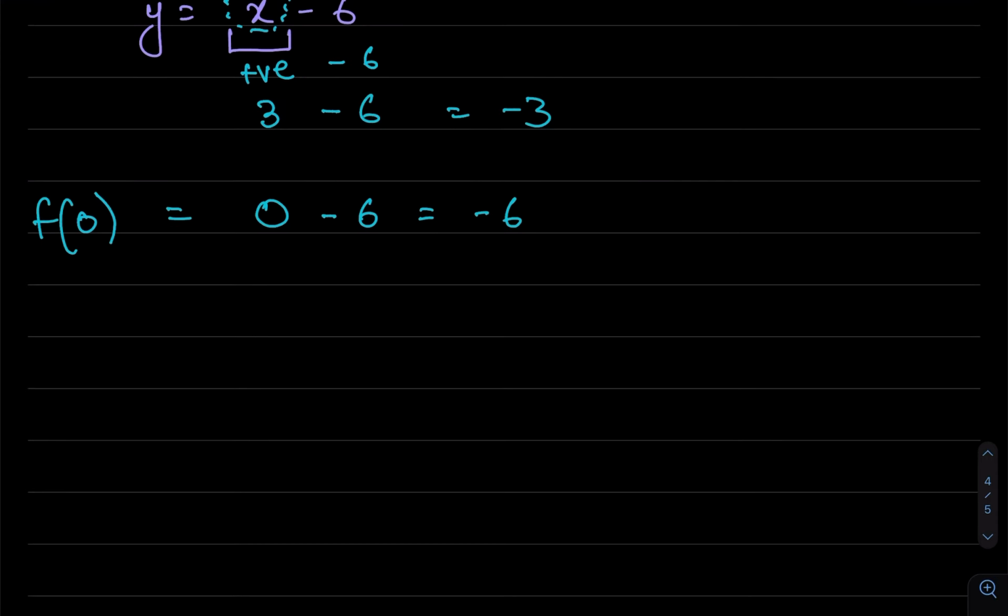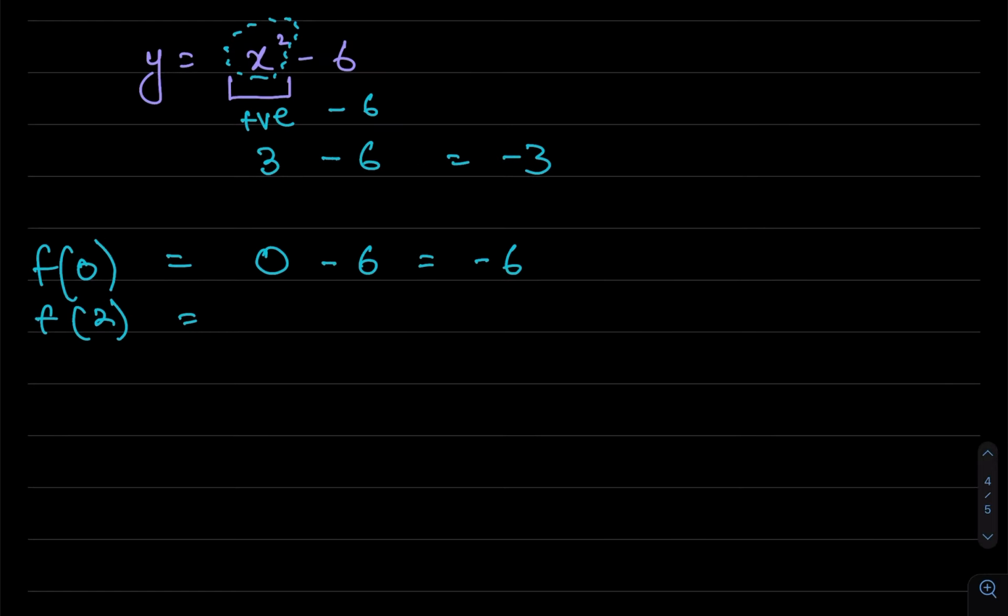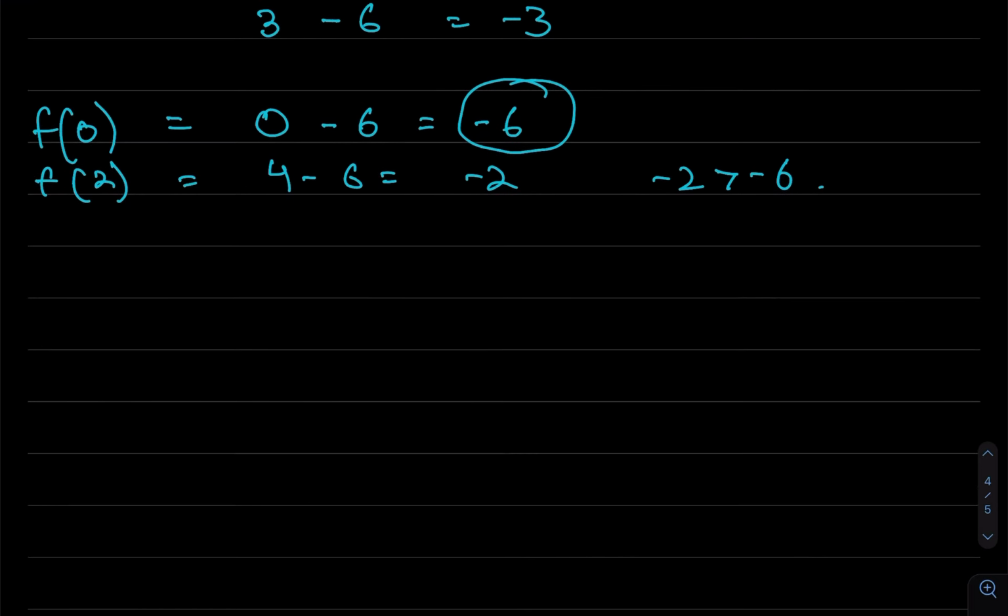If you put in, let's say, f of 2, you inputted 2, you'll get 2 squared, which is 4, minus 6 is negative 2, and negative 2 is greater than negative 6, right? But the smallest possible value that we can get is this negative 6. And when is that going to happen? When x equals 0. Okay, so what is the range going to be?